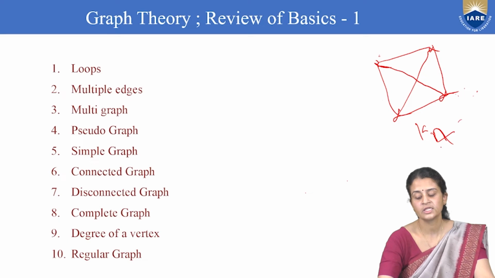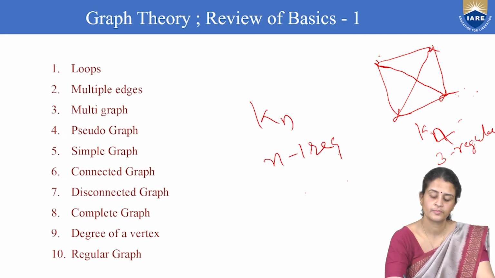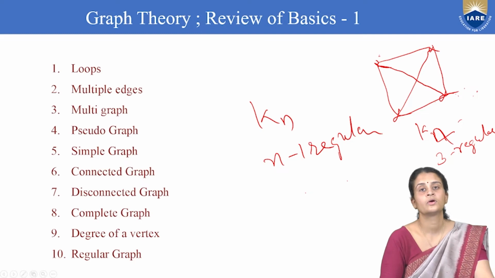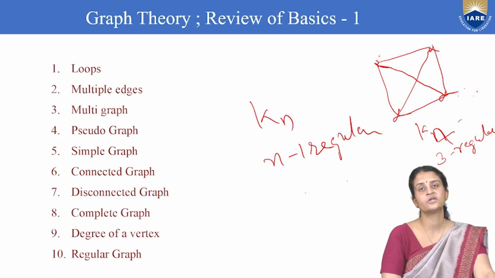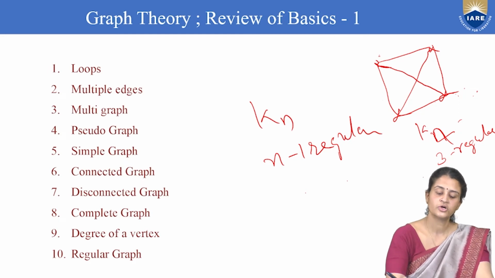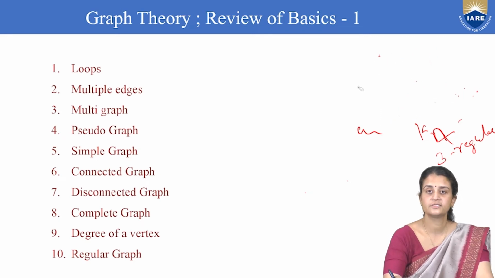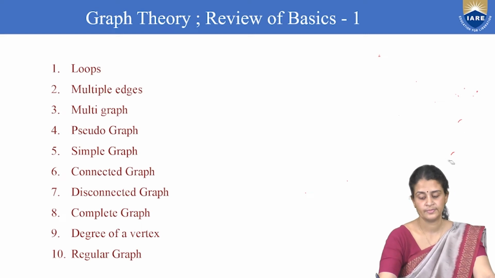It is 3 regular. So in general, Kn is n minus 1 regular. I hope all these terminologies, loop, multiple edges, multigraph, pseudograph, simple graph, connected graph, disconnected graph, complete graph, degree of a vertex, and regular graph are okay with you.